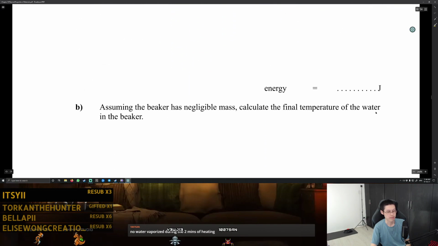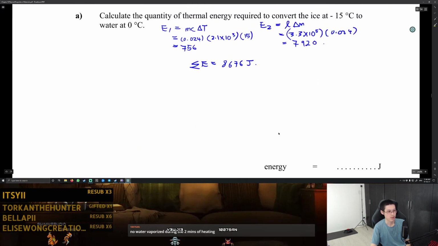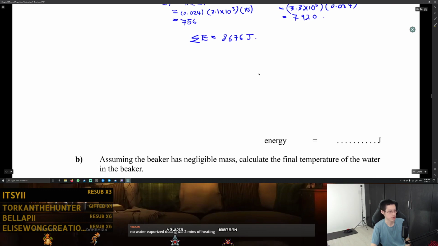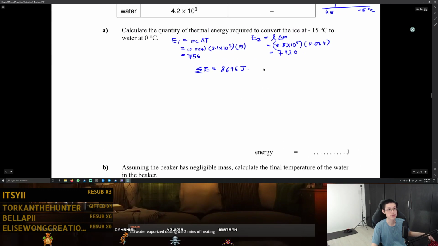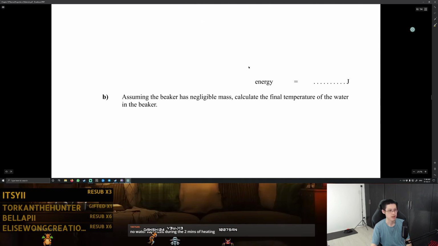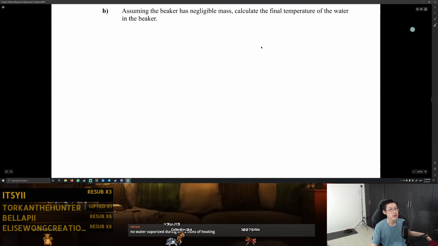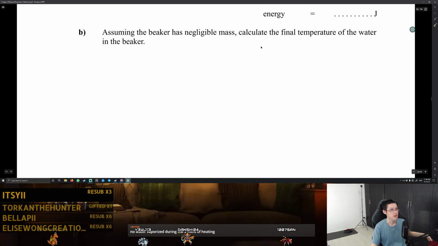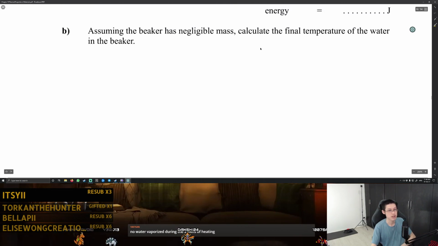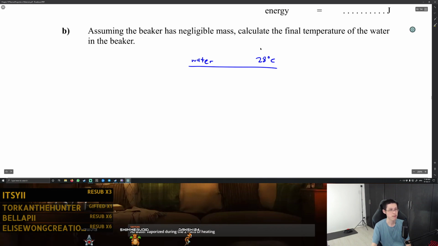Okay, so how do I do this question? Well, again, you want to draw the flowchart. So let me show you how to do that. Maybe I should do it here. Zoom this in a little. So you have water at 28 degrees Celsius. Okay, and how much water do you have?